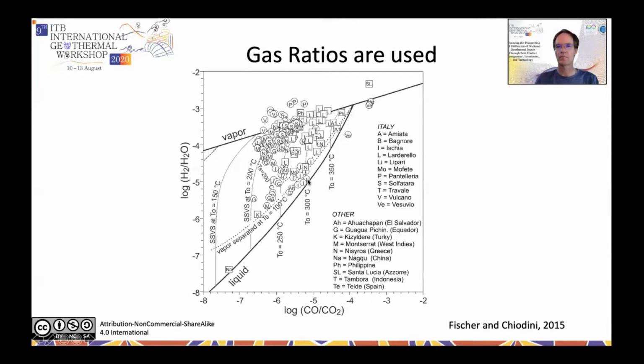That gas comes from equilibrium with that liquid phase, and that liquid phase has a temperature of 300 degrees C. Any samples that plot in between those two are likely a mixture between a vapor and a liquid-dominated reservoir. So this analysis is really useful in understanding the processes as well as the source of those gases, and it gives you an idea of where the high-temperature reservoir is and whether that reservoir is liquid or vapor-dominated.